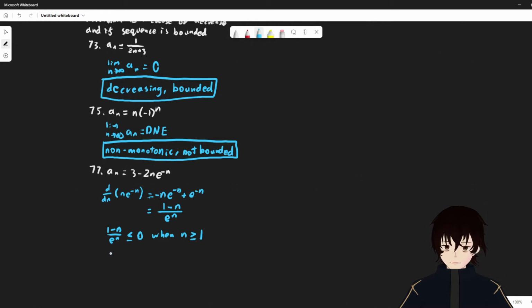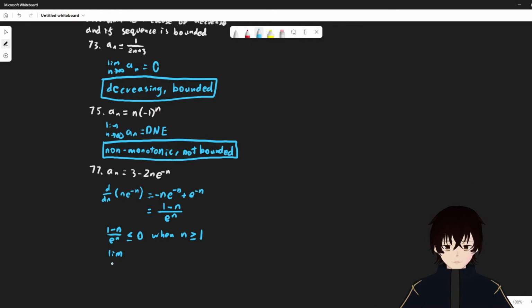Therefore, with the negative 2, that's increasing. The slope would be always increasing.